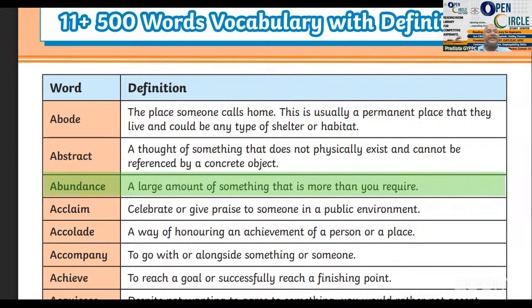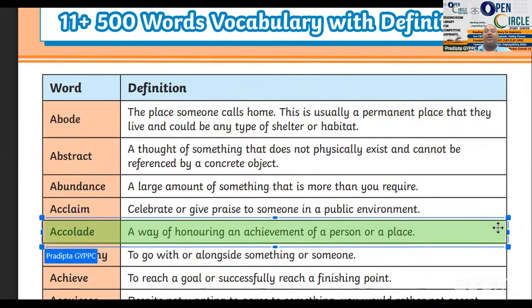The word accolade is again a verb which means a way of honoring an achievement of a person or a place. We have got some flowers to accolade the topper of our batch. Means जो भी topper बना था उसके लिए हम उसके लिए कुछ flowers लेके आए हैं to appreciate him or her.